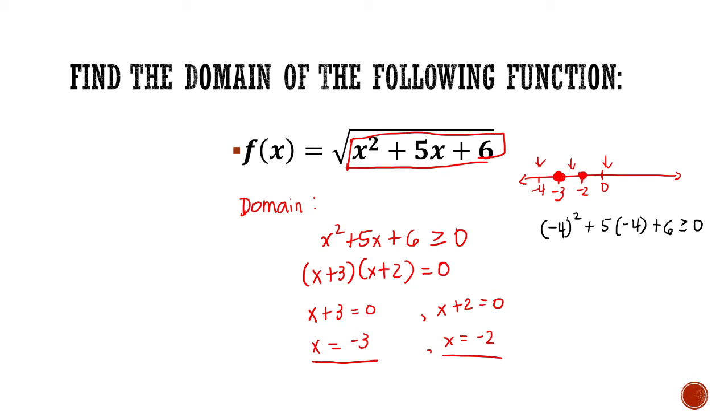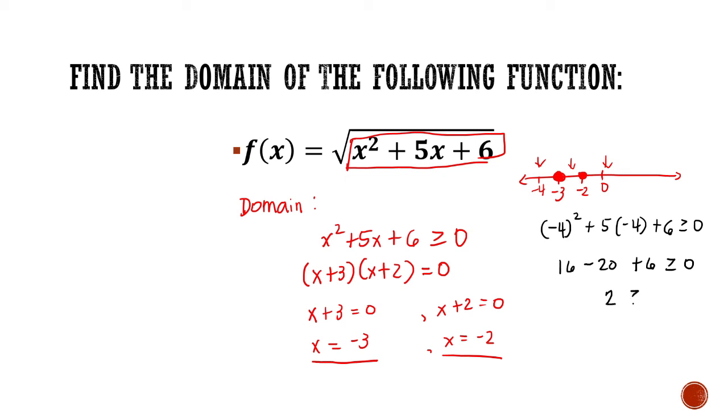okay, so negative 4 raised to 2 is 16. Now, negative 4 times 5 is negative 20. We have here plus 6 greater than or equal to 0. Now, 16 minus 20 is negative 4. And negative 4 plus 6 is positive 2.